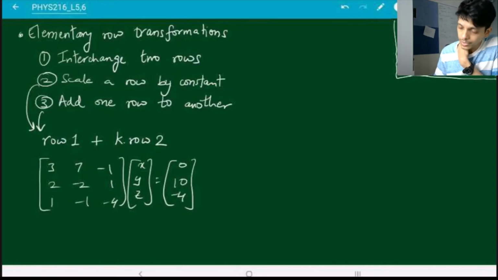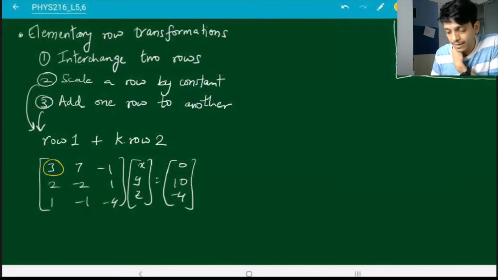So the way to do it, first step, always make your 1 element equal to 1. There are 2 ways of doing it. You can multiply the first row by 1/3, because rule 2 says that you can scale any row by a constant.